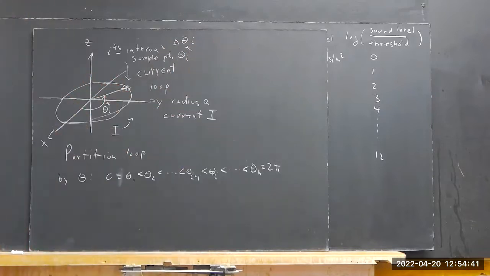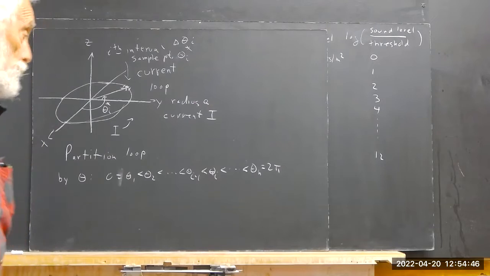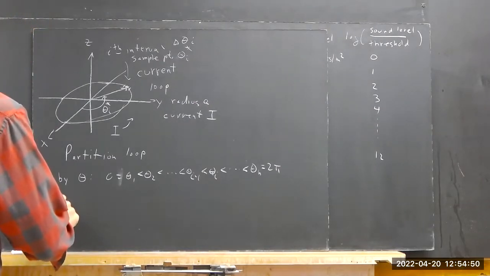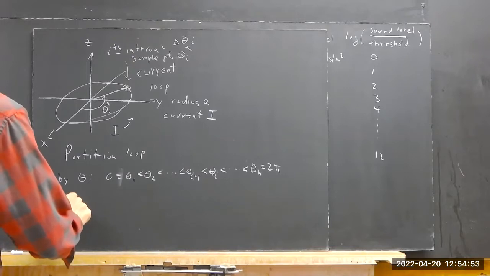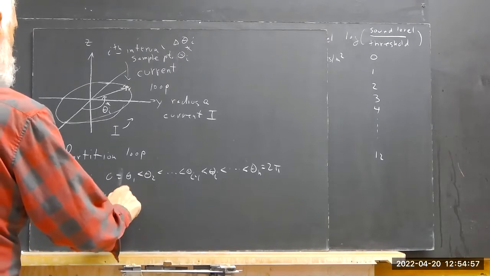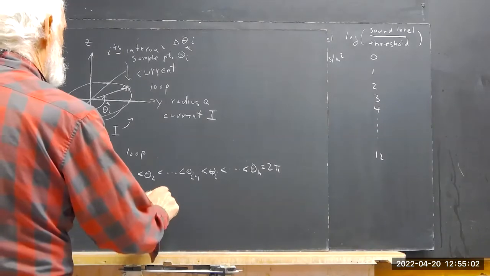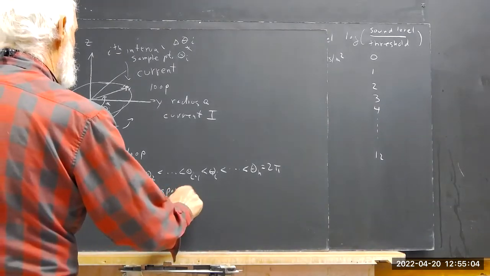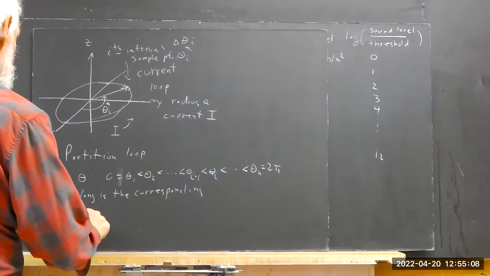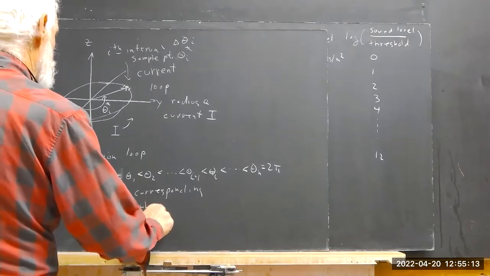We'll call the length of the theta interval delta theta sub I. So first of all, how long is the corresponding increment of the loop?